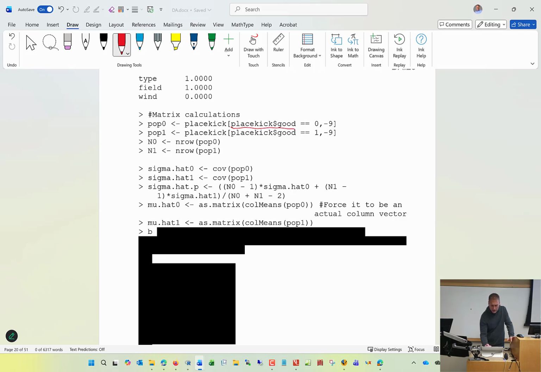So I go back to my good variable. I do == 0. Does someone know what that does? It's a logical comparison.